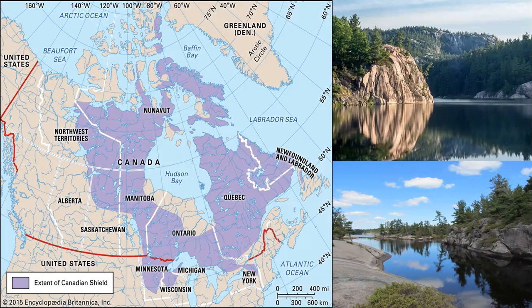The St. Lawrence River is here, one river which is connecting to the lakes. Near that river, you will find the Laurentian mountain ranges. Therefore, this Canadian Shield also got another name, that is Laurentian Plateau.